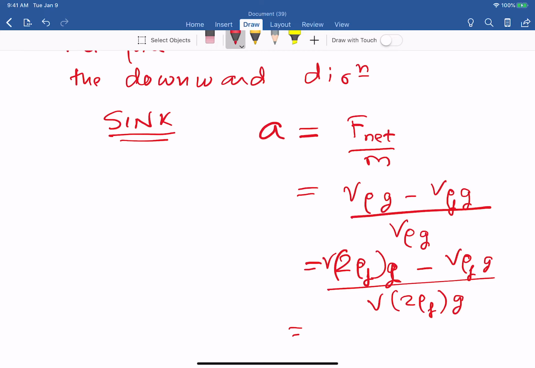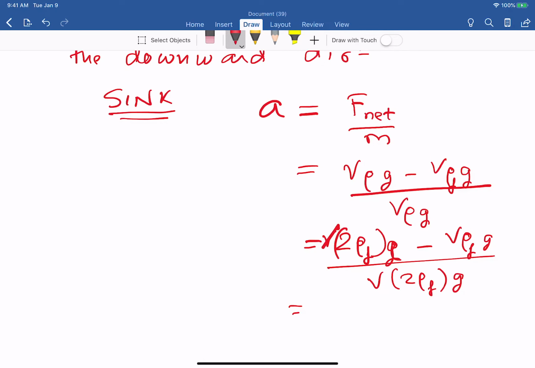All right, so a lot of stuff cancels out. Oh, there shouldn't be a g over here. The mass is just V times rho. So the V cancels out, and what are we left with? 2 rho_f minus rho_f, so that's just rho_f, divided by 2 rho_f. The rho_f cancels out.